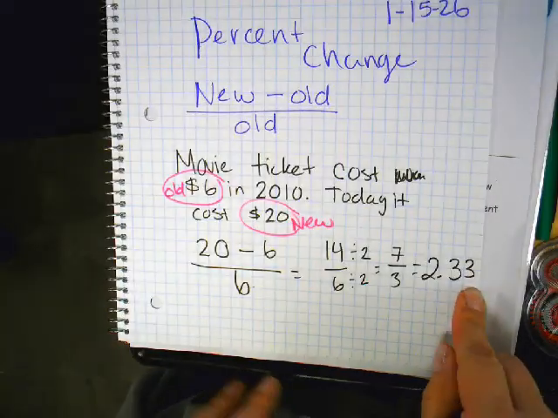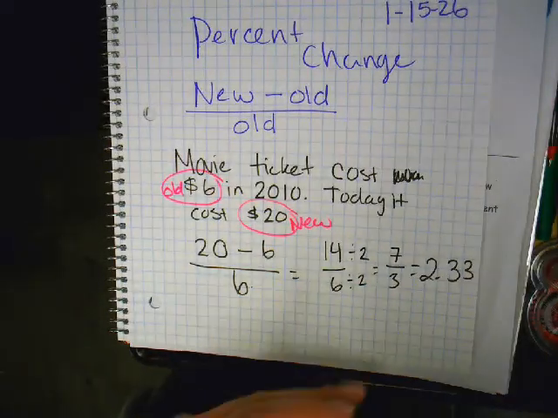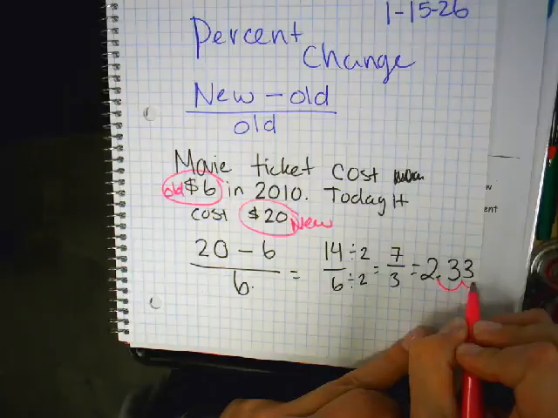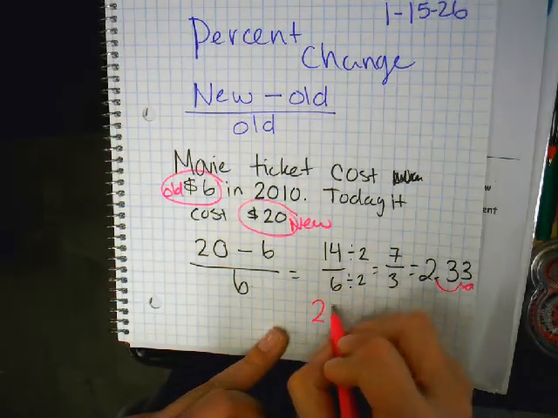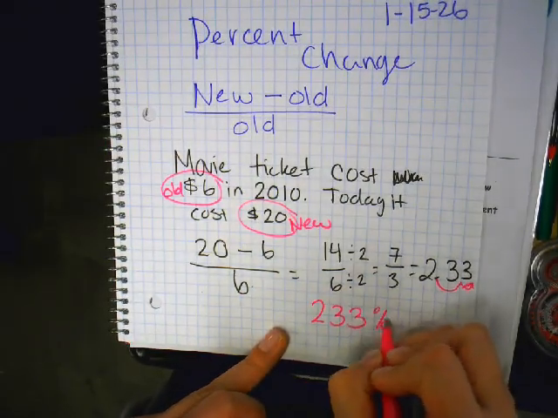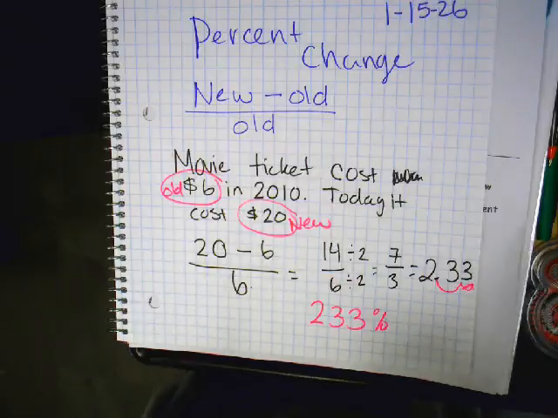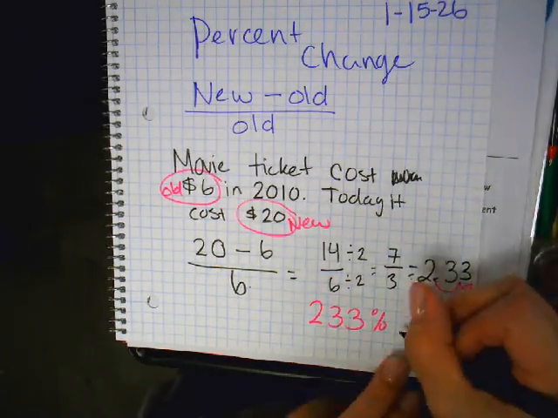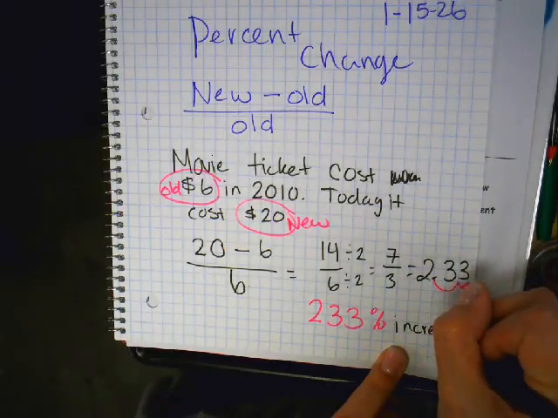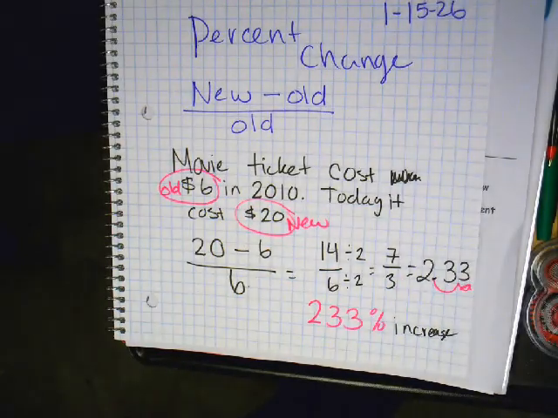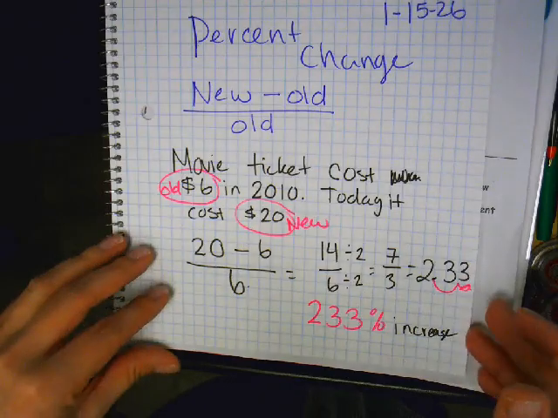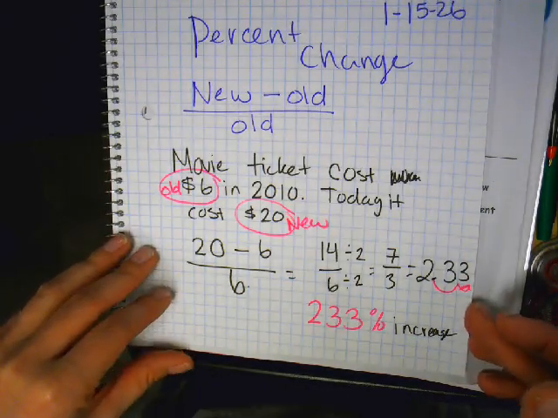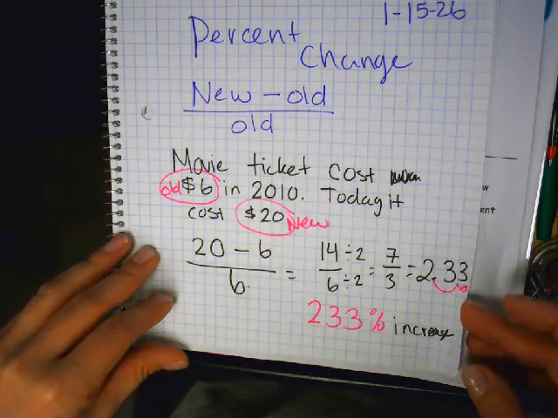Is that my answer? Nope. I still have to move it 2 times. 1, 2. So my answer would be 233%. Increase or decrease? Did the price go up or did the price go down? Price went up, so we're going to say 233% increase. Okay? All right. If you need to pause it for more time, go ahead. If not, I'm flipping the page.